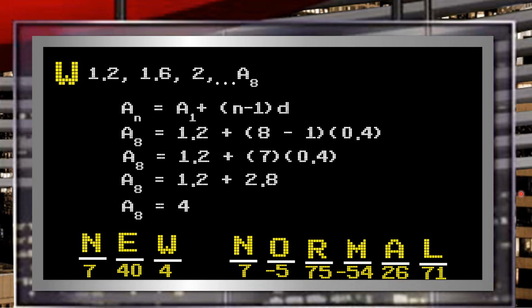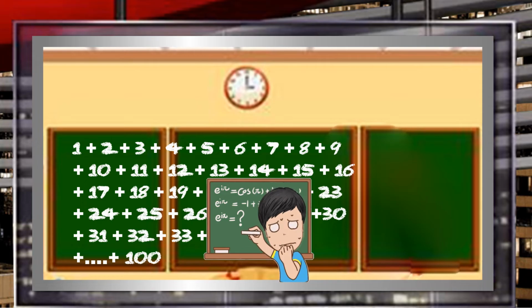And going back to our question a while ago, where are we? Hindi pala yun lugar, kung hindi era. We are now in the new normal. The Secret of Carl Friedrich Gauss.